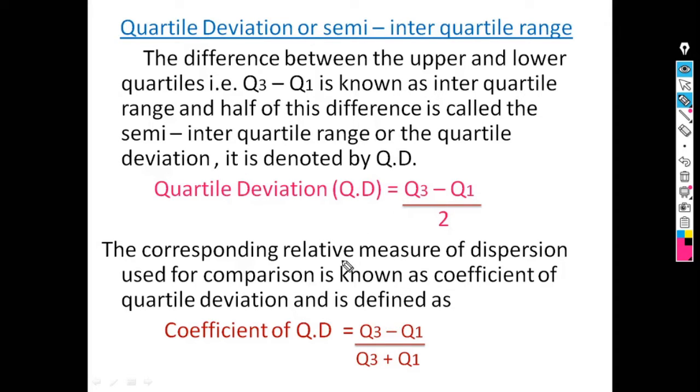The corresponding relative measure of dispersion used for comparison is known as coefficient of quartile deviation, and it is defined as Q3 minus Q1 divided by Q3 plus Q1, where Q3 is third quartile or upper quartile and Q1 is first quartile or lower quartile.